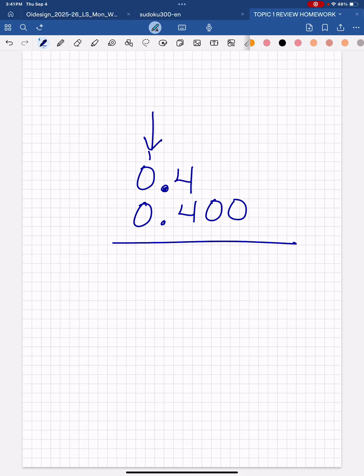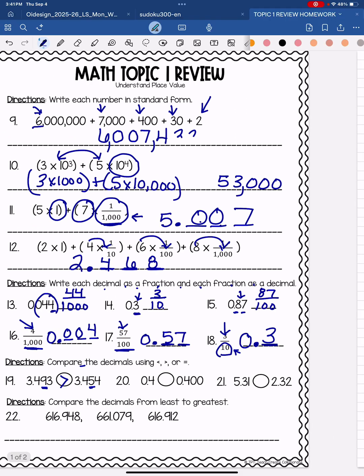So 0 and 0 is the same, 4 and 4 is the same, and here we have a little bit of a difference. We have a 0 here and nothing here. Well, nothing is 0. So 0, nothing, and 0 are equal.